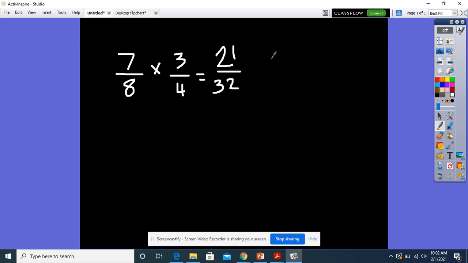So now we need to look at this and see, can they both be divided by the same number? I'm going to start with 2. So can you do 21 divided by 2? No, that wouldn't work. You can do 32 divided by 2, but you need them to be divided by the same number. So what about 3? 21 can be divided by 3, and that will give you 7.